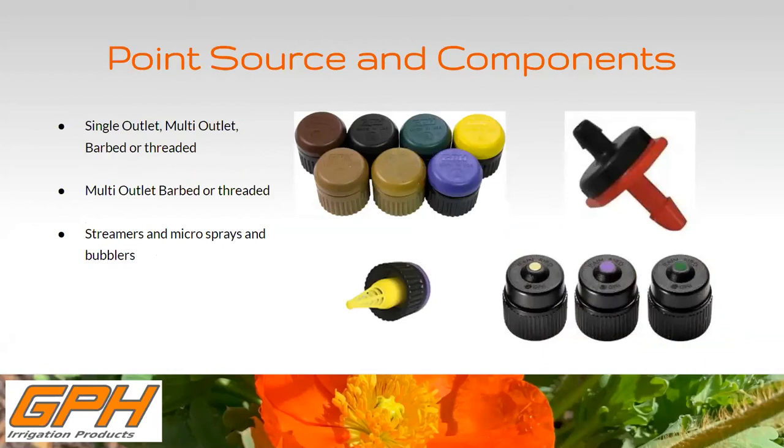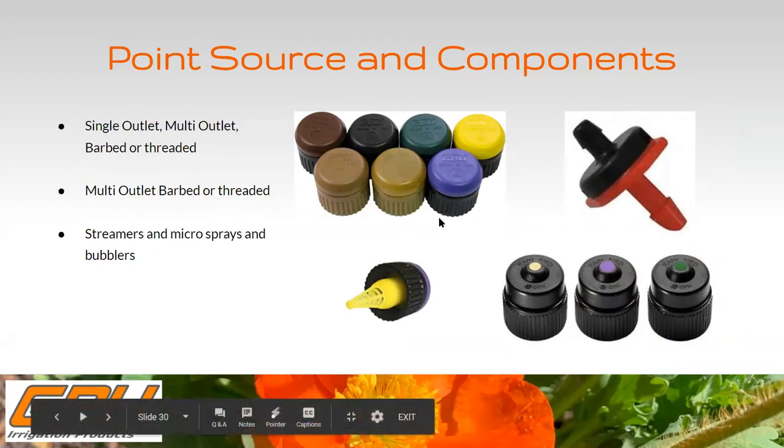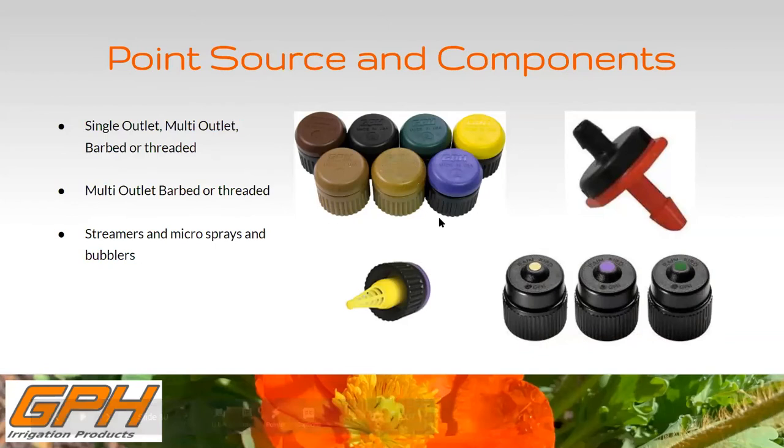Point source, these are just different types of emitters. This is actually a threaded emitter. It's a 1/2 inch thread, so you would thread it onto any 1/2 inch Schedule 40 fitting, riser, or male adapter. And let's see, there are multi-outlet types, and there's threaded.